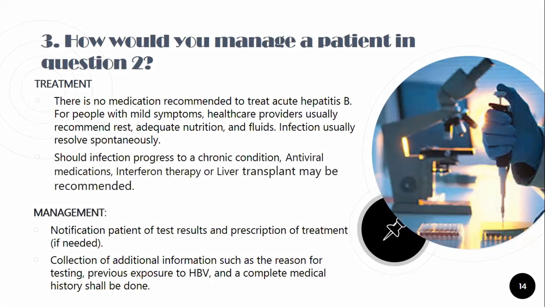Should the infection progress to a chronic condition, antiviral medications, interferon therapy, or liver transplant may be recommended. For the management, notify the patient of results and prescribe treatment only if needed. Collection of additional information, such as the reason for testing, previous exposure to HBV, and a complete medical history, shall be done. Next, please.